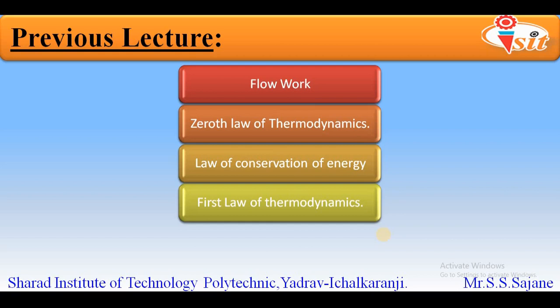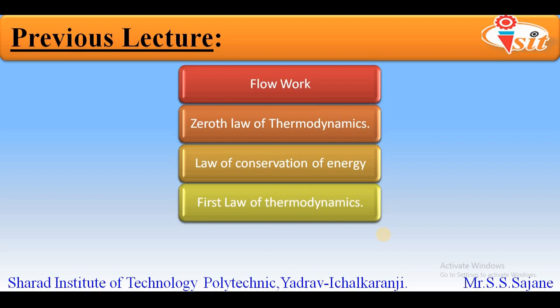With the addition of heat, the internal energy of the system increases, whereas work is also obtained due to the movement of that piston. We are taking work as negative, and since heat is added, it is taken as positive. So with addition of heat, the internal energy will go on increasing, and with increase in work, the internal energy will reduce.